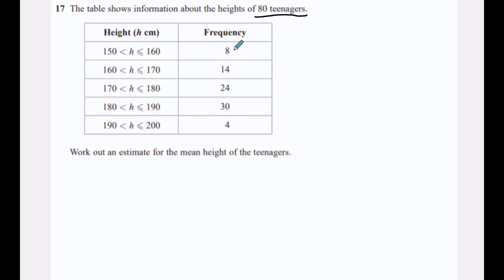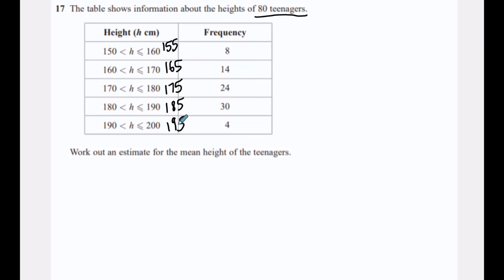So if we say that these 8 teenagers are 155 centimeters tall, halfway between 150 and 160, we'll say these 14 are 165, these 24 are 175 centimeters, these 30 will be 185 centimeters, and these 4 will be 195 centimeters.